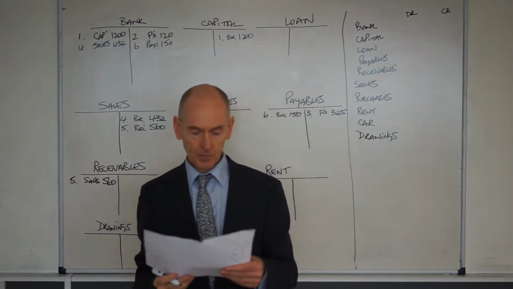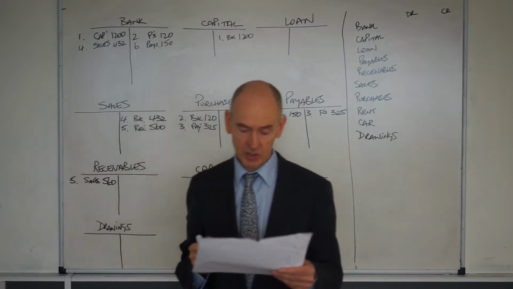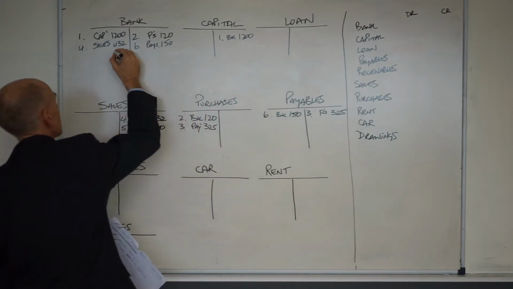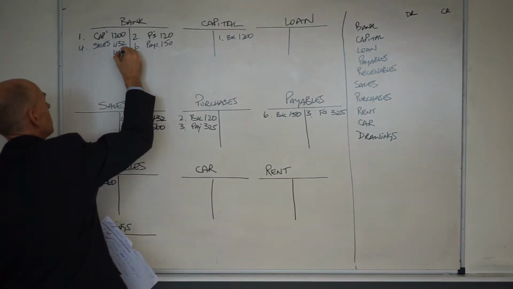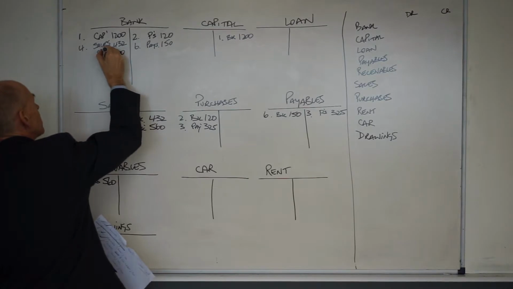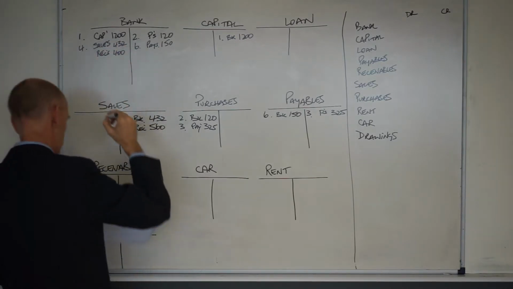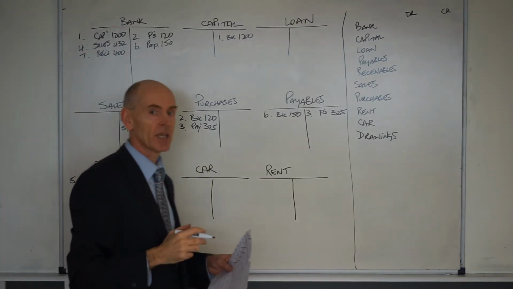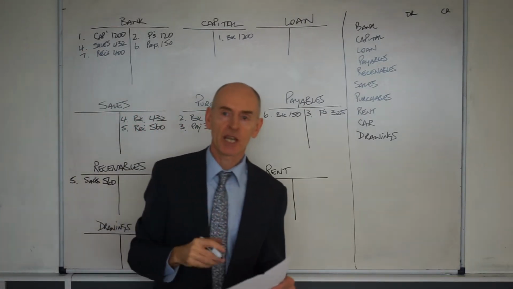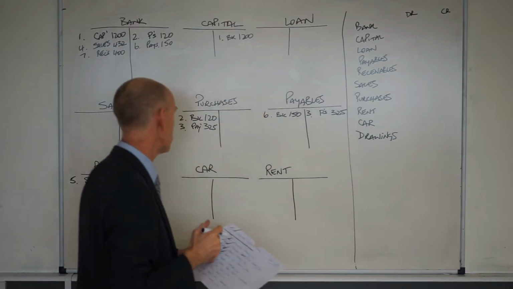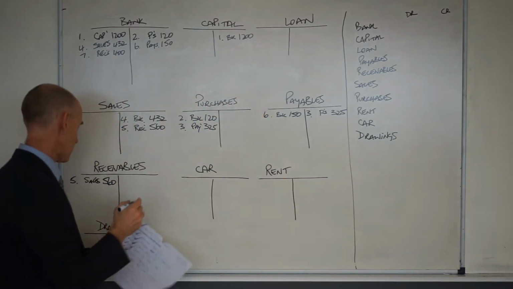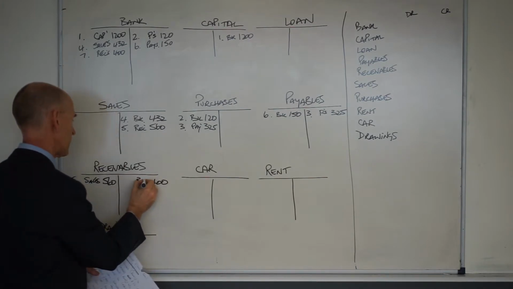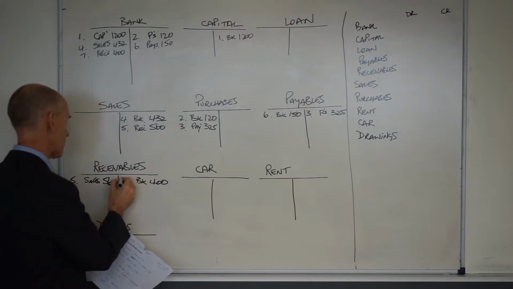Transaction 7, receive £400 from a credit customer. So if we receive £400 from a credit customer, we've got a positive asset into the bank, £400 from receivables. It's transaction number 7. So we increase the asset of bank. We're going to reduce the asset of receivables. So we look at receivables, and we're going to reduce the asset of receivables by £400, went into the bank, and it's transaction number 7.